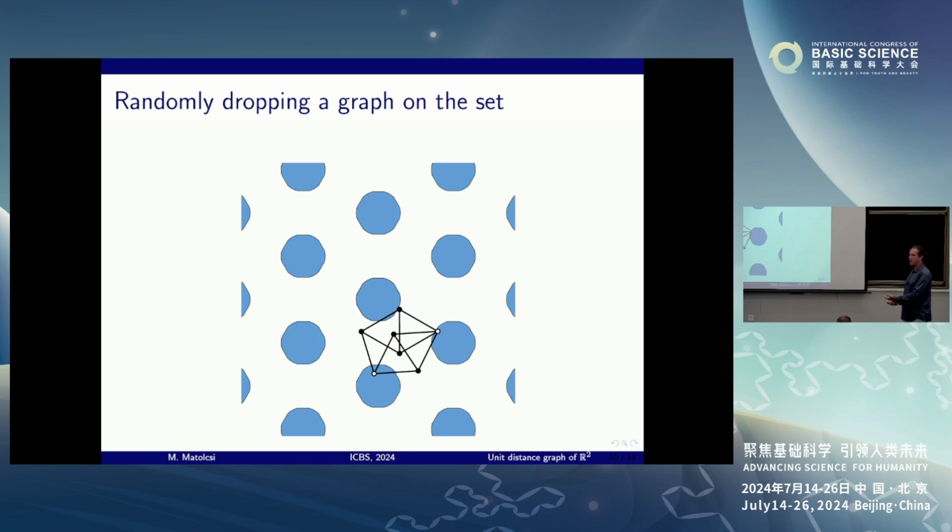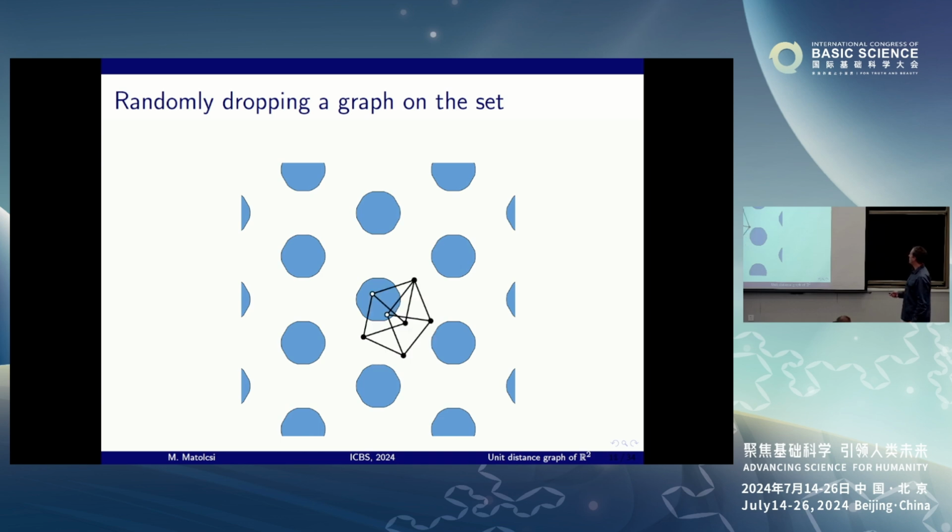So what do I do? I come up with a finite unit distance graph. Actually, the finite graph at the end will be much more complicated than this, but for the sake of the argument and the construction, let's just see what happens. So I come up with a small unit distance graph, say the Moser spindle, and I just drop it on the plane. And in this case, the way I dropped it, these 2 points intersect the given set. So I mark on my sheet that, okay, I dropped once and this is what happened. Then I drop it again.